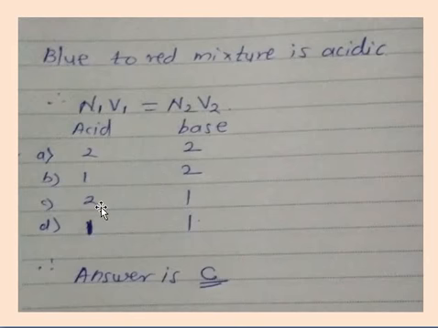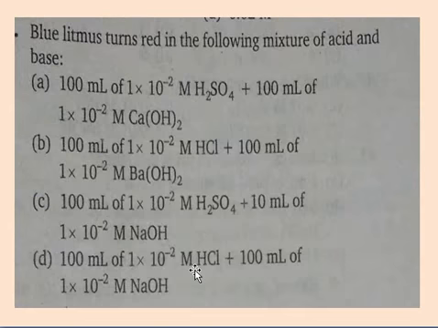In this case, the acidic medium is greater, hence blue litmus turns red. Then the last option, 100 ml and 100 ml HCl and NaOH, both monobasic, gives neutrality. Therefore, from the 4 options, C is correct, because the H2SO4 quantity is 100 ml and NaOH is 10 ml, so the acidic medium is greater. Hence, blue litmus turns red in option C.